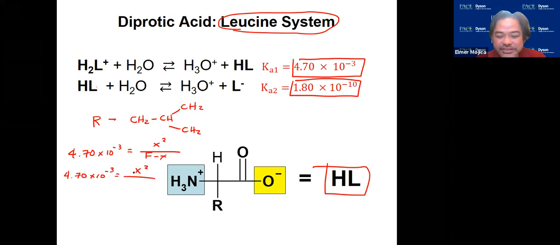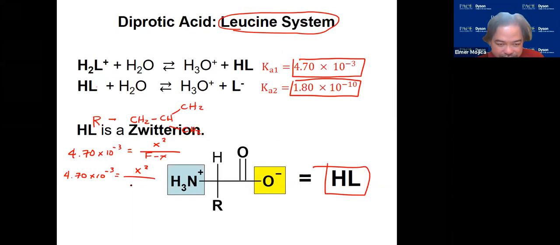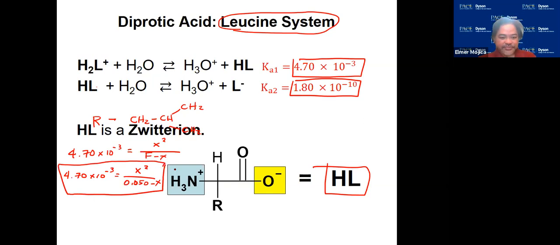So what is the concentration that we have? 0.05. That's the setup, and all we need to do is find X. And X is what? Your H plus.